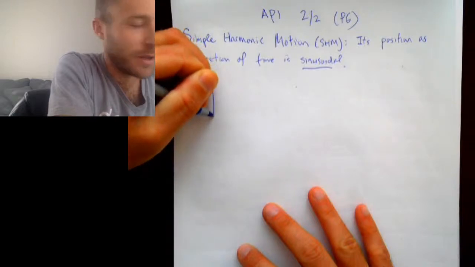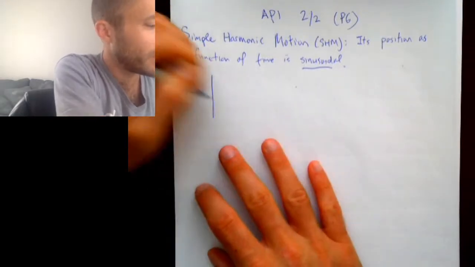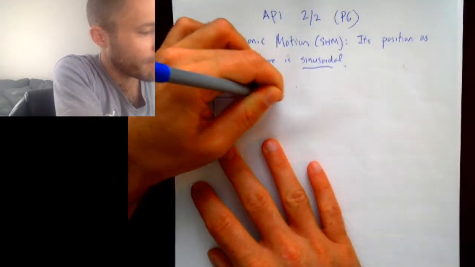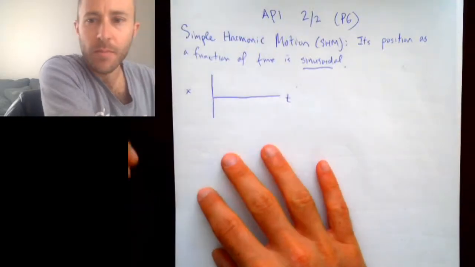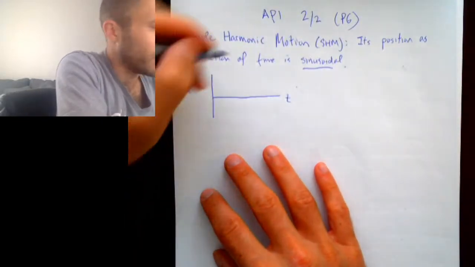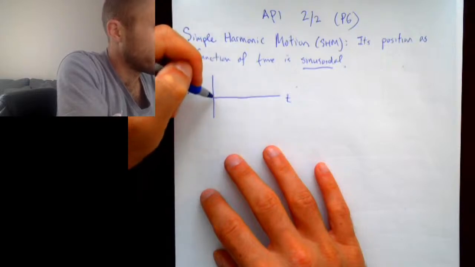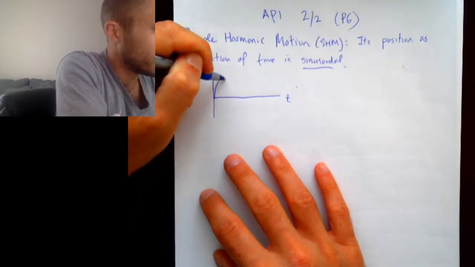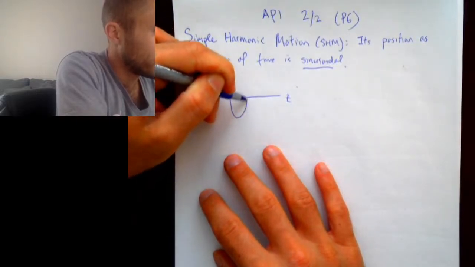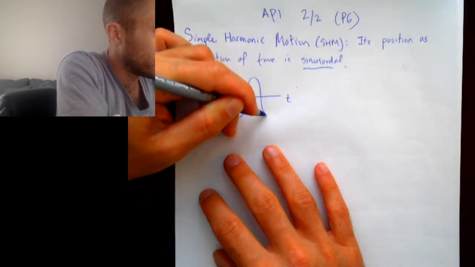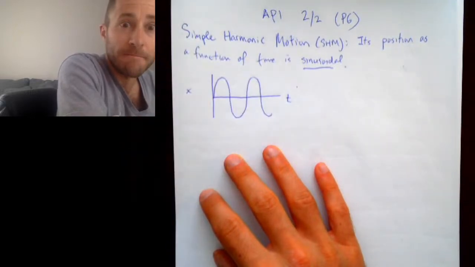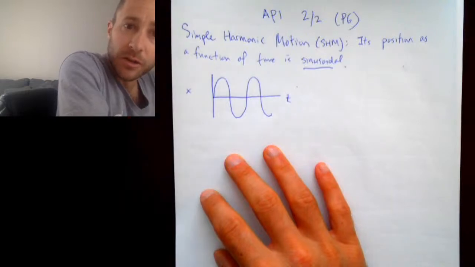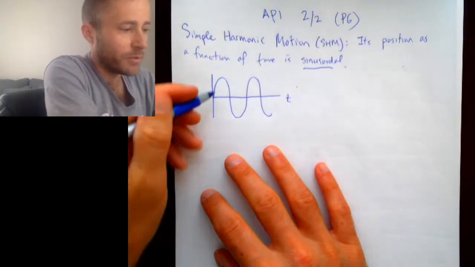so you have a position as a function of time, and it looks like this. Okay, so that's a sine or a cosine. This example is a sine.